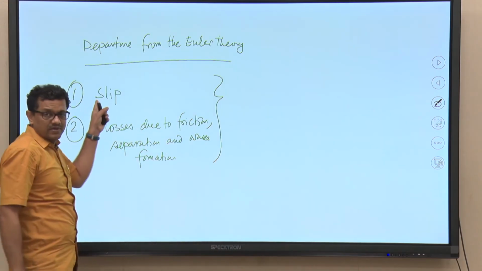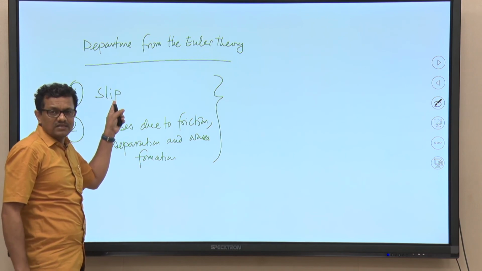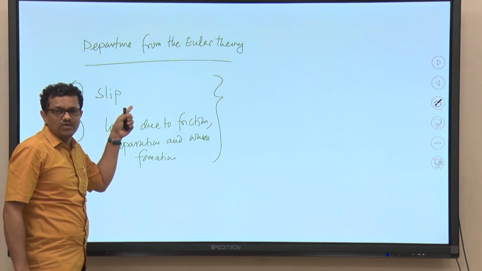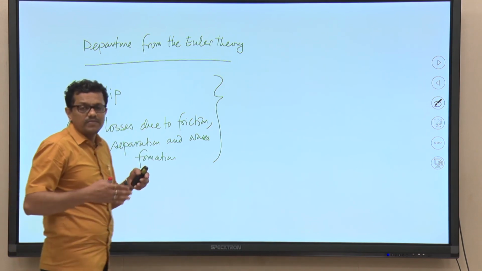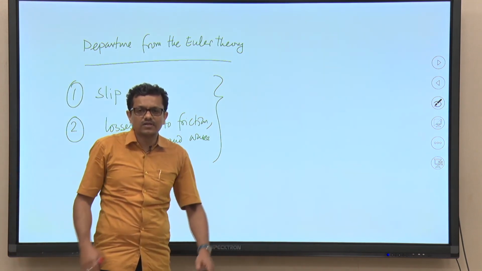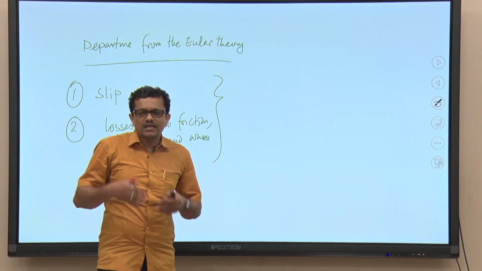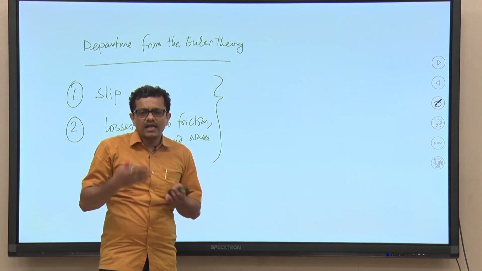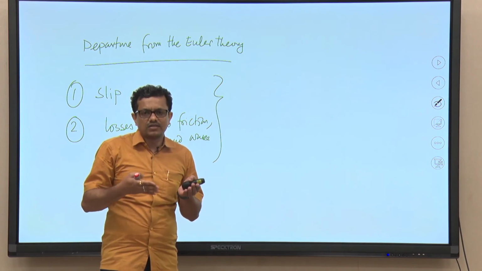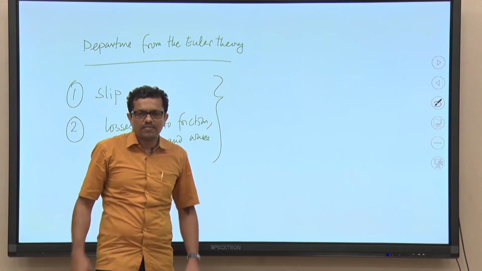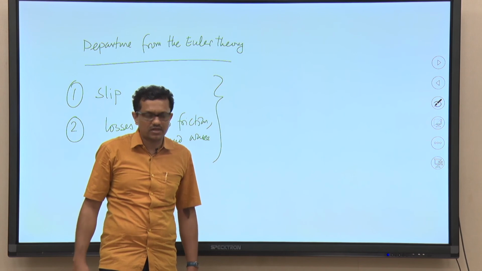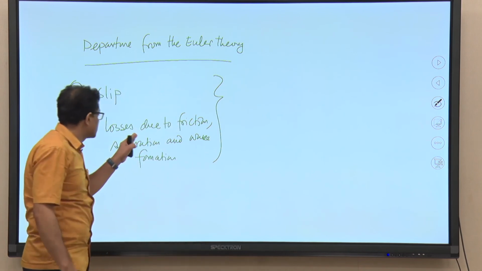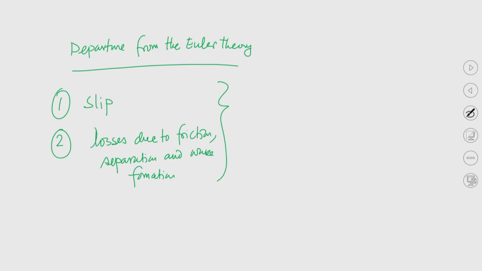So, slip, that is what we have discussed, is the consequence of the existence of non-uniform velocity distribution in the flow passage, and that is not caused by the friction. Hence, we cannot call it a loss, rather it does not represent a loss, but it follows from the ideal flow analysis of the pressure and velocity distribution, while the second one is losses due to friction, separation, and wake formation.